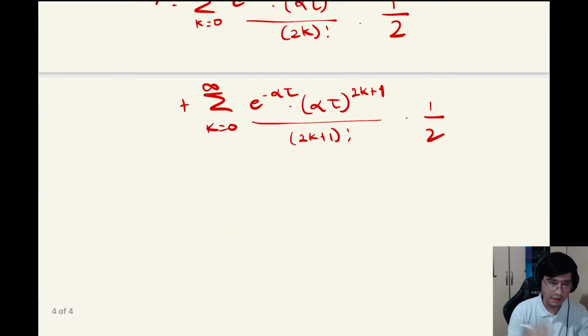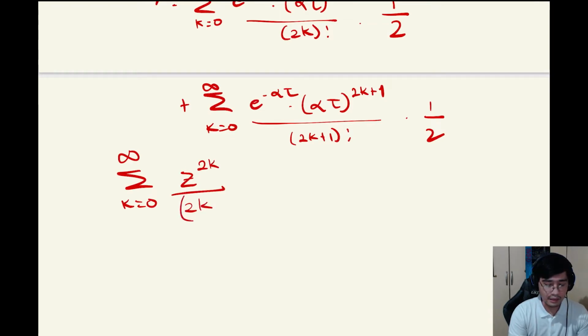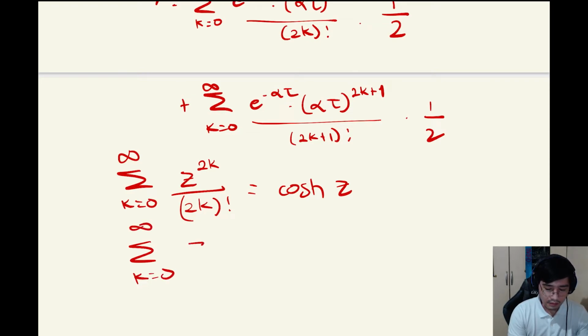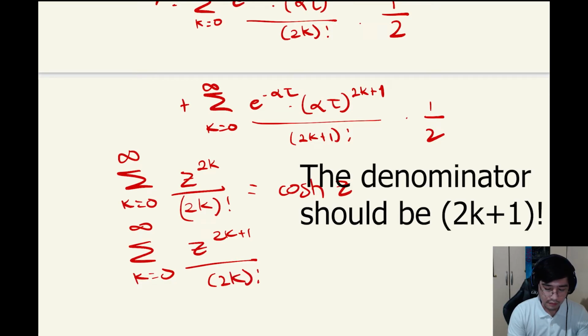So we use a certain mathematical expression. When we have the summation from k is 0 to infinity of z to the 2k over 2k factorial, we have the hyperbolic cosine of z. On the other hand, if we have z to the 2k plus 1 over 2k plus 1 factorial, we have the hyperbolic sine of z.